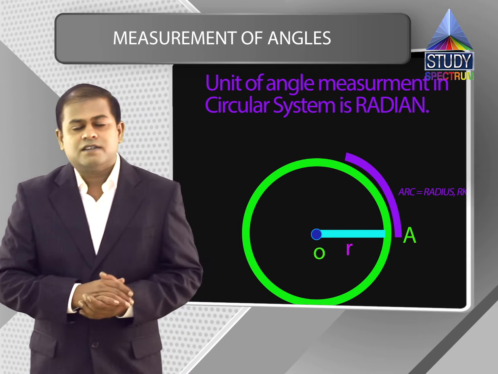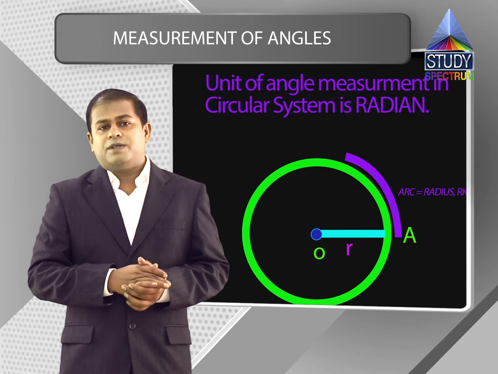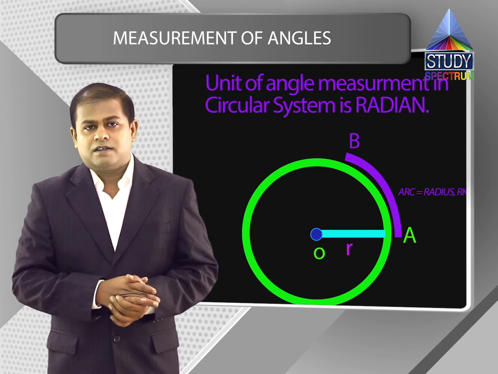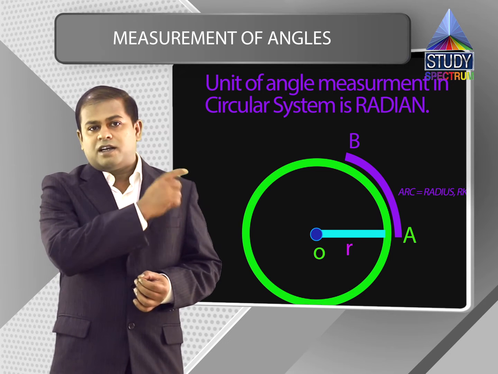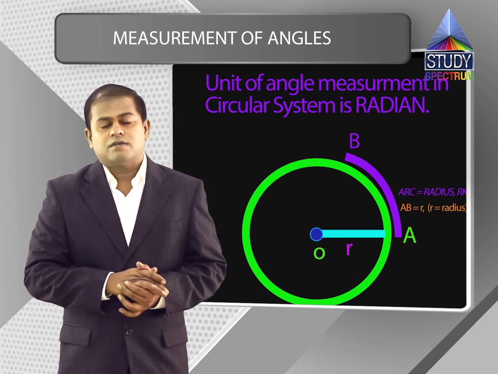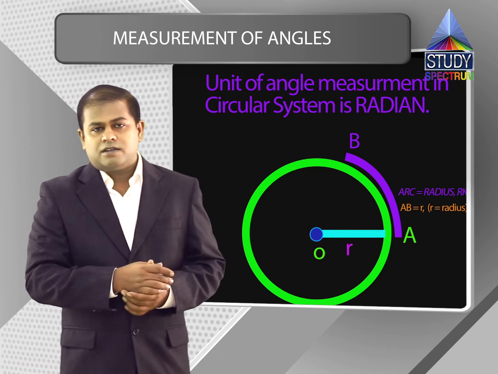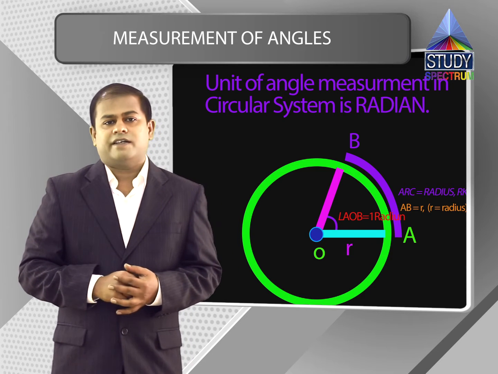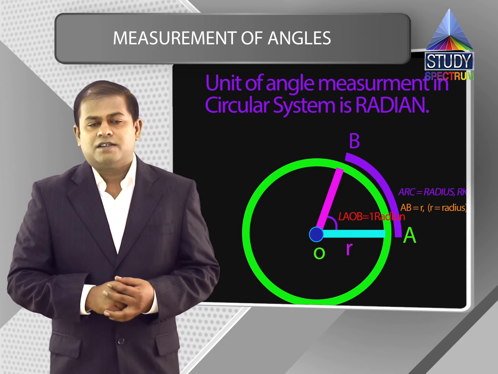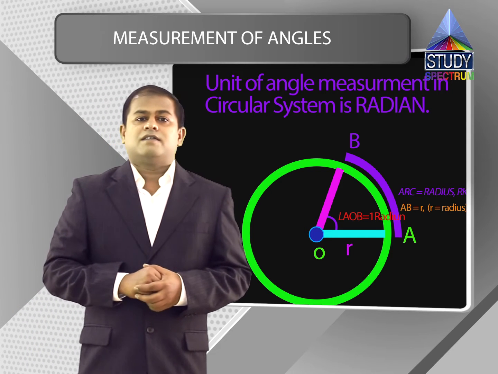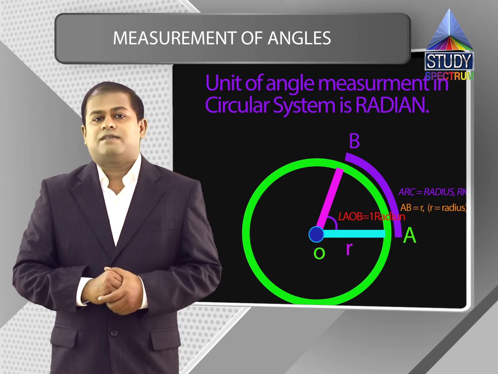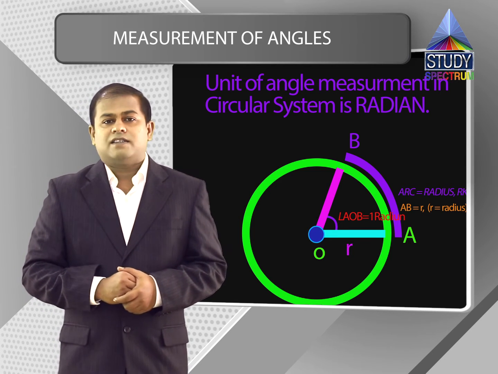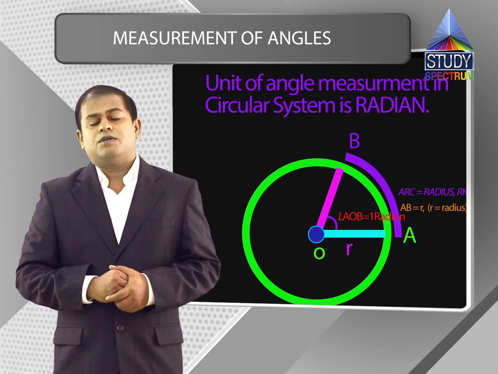As shown in the figure, say the length of the arc AB is equal to the radius. Join O and B. So this angle AOB we say is of measure 1 radian. So 1 radian is the measure of an angle which subtends an arc of length equal to the radius.